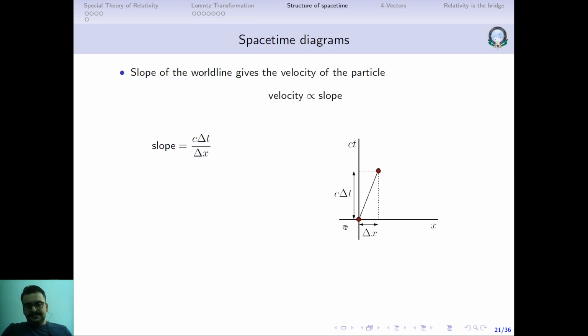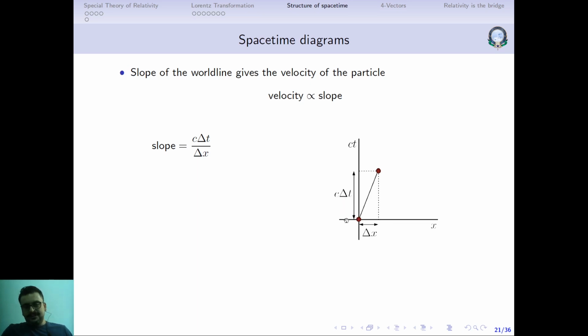So let's consider this. We have this as the x and this as the time axis. Initially the particle is here, and finally the particle is over here. So the displacement is delta x, and along this direction the displacement is c delta t. What is slope?